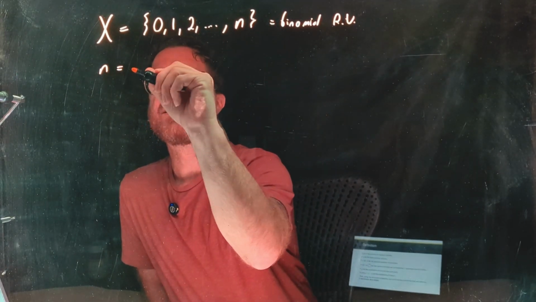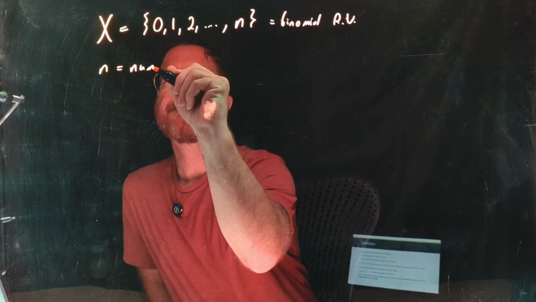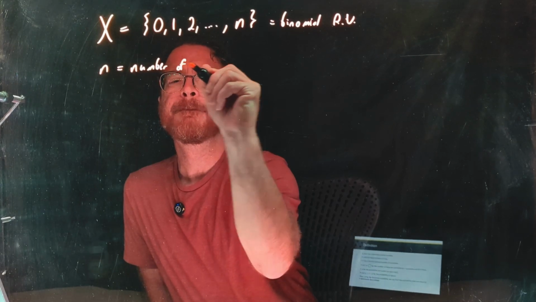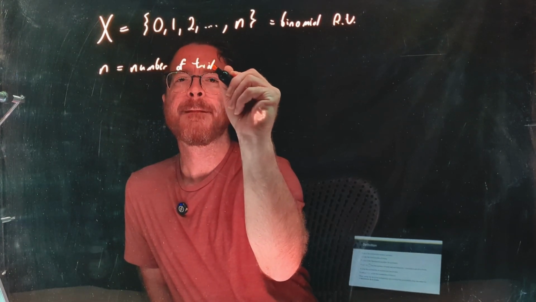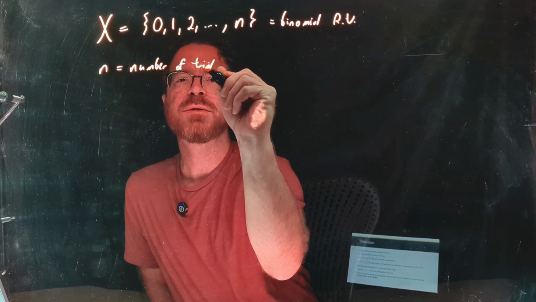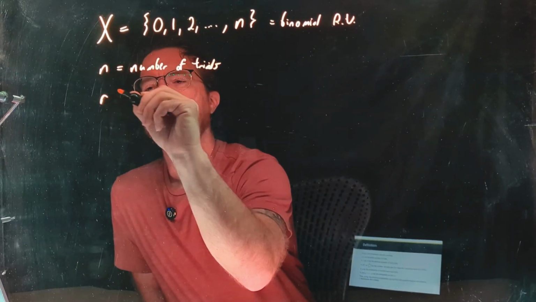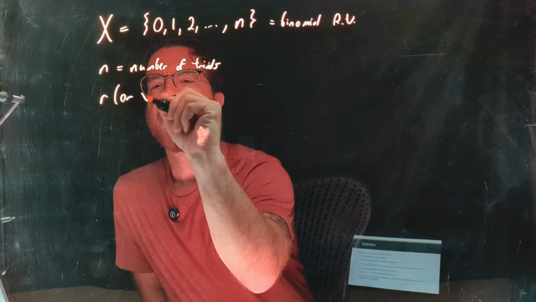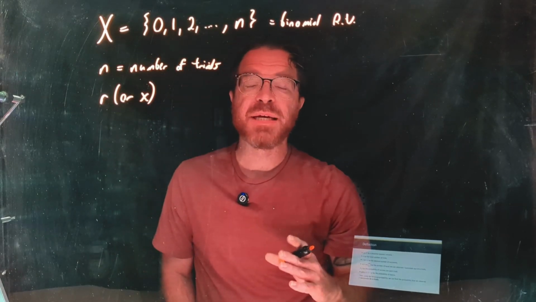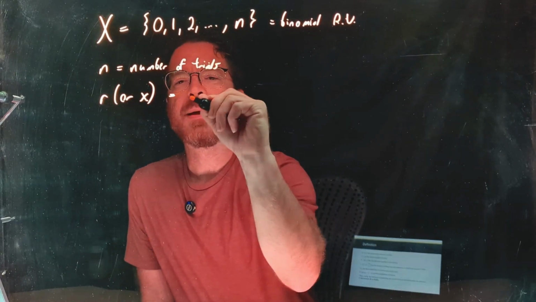N is the number of trials. R, or X, is going to be the number of successes.